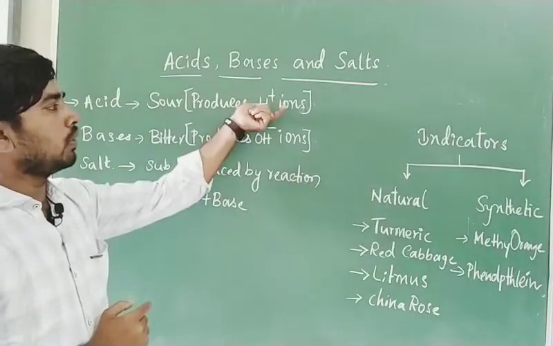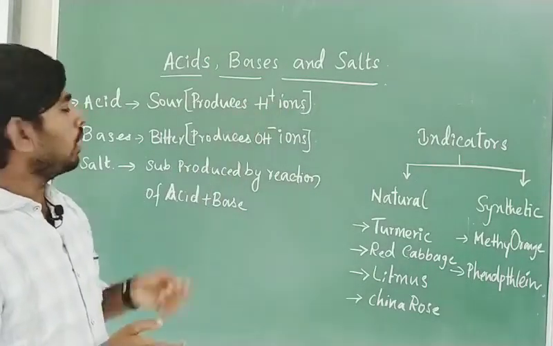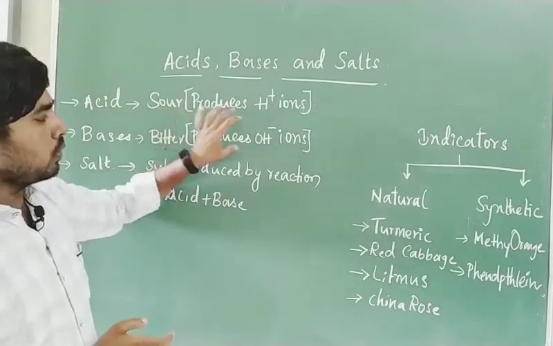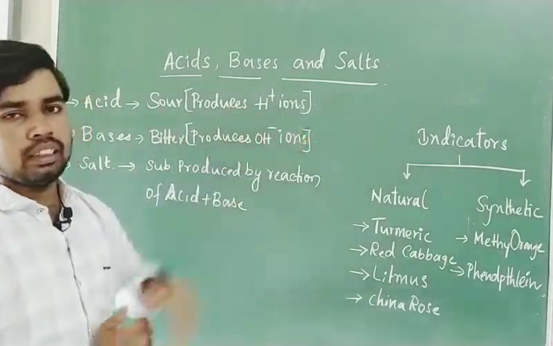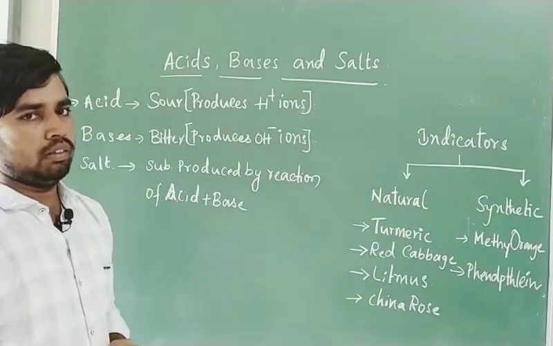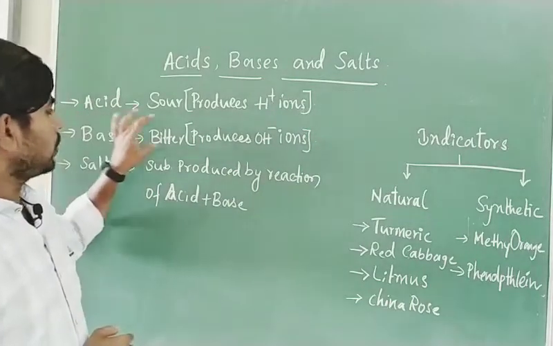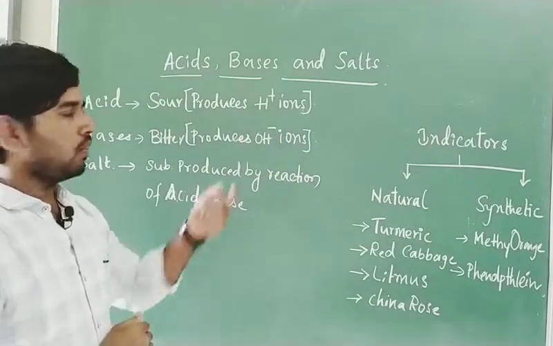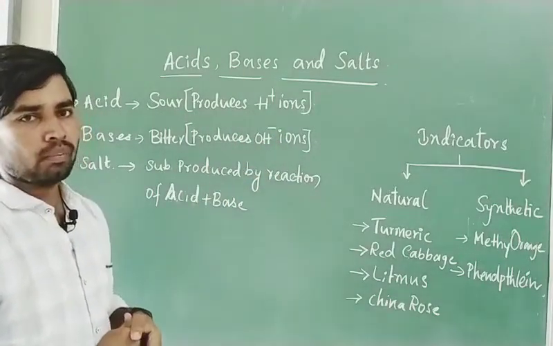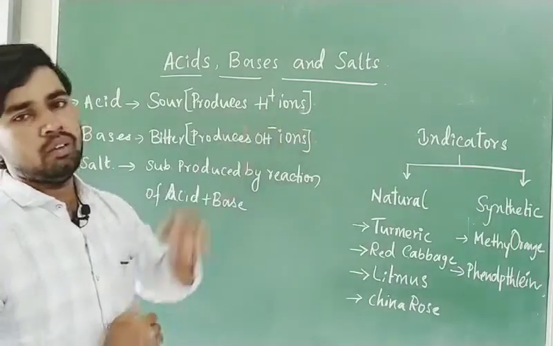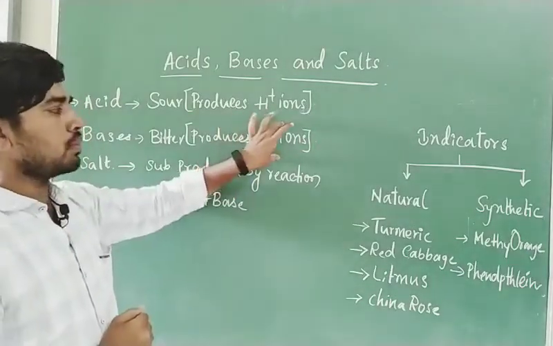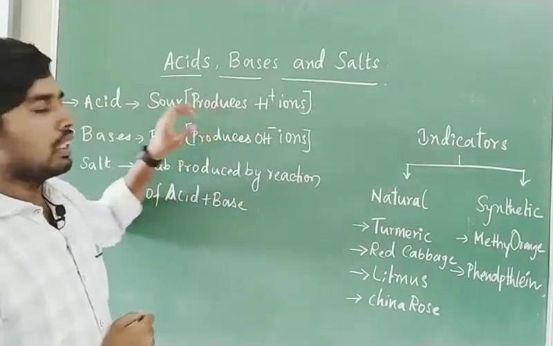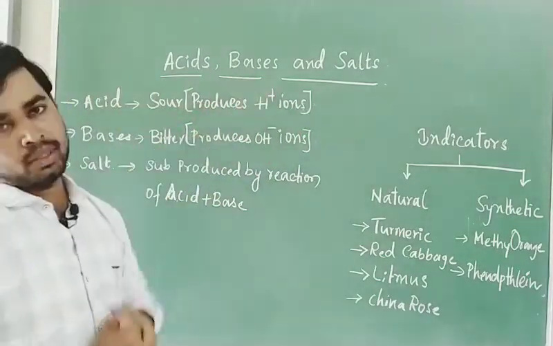That substance we call an acid. Similarly, a substance bitter in taste which produces OH minus ions in the presence of water. When you add a base to water, it will start to produce OH minus ions. Similarly, when you add acid to water, that acid will start to produce H plus ions.